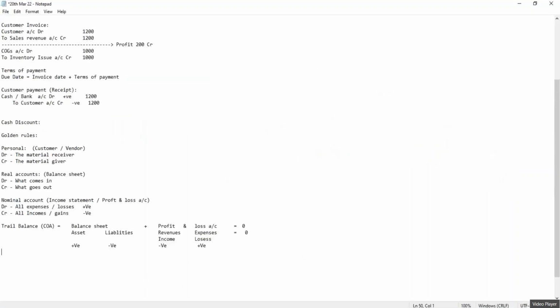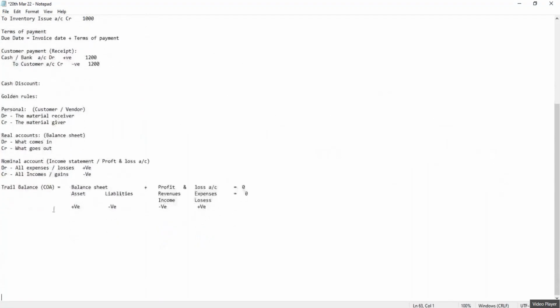So as a best practice, chart of accounts are classified into 1 assets, 2 liabilities, 3 equities. All these 3 are balance sheet items. 4 sales revenue. 5 cost of goods or purchase expenses. 6 expenses.